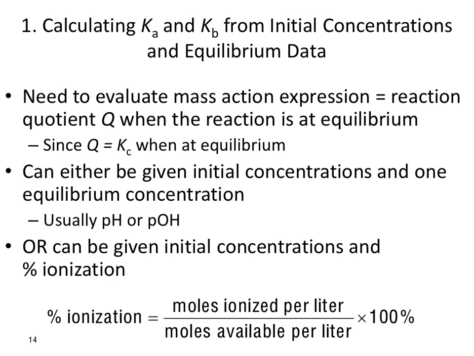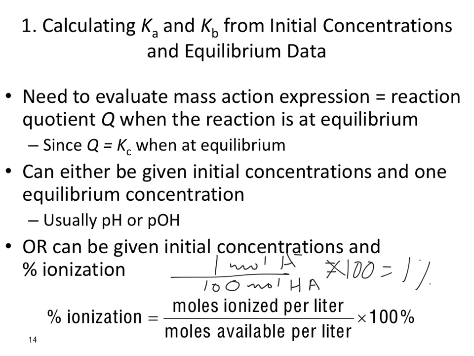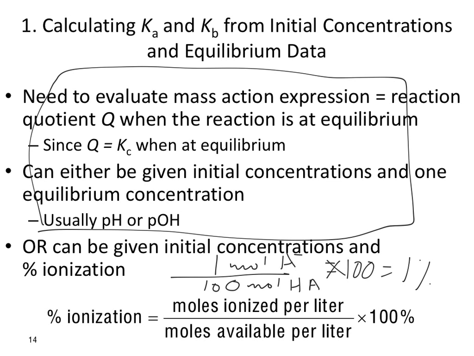So when I said that acetic acid dissociates at 1%, that would mean if you put 100 moles of it in solution and 1 mole of the conjugate base comes out, and we multiply by 100, then that would be 1%. So you're either going to be given this information, or you'll be given the percent ionization and initial concentrations.